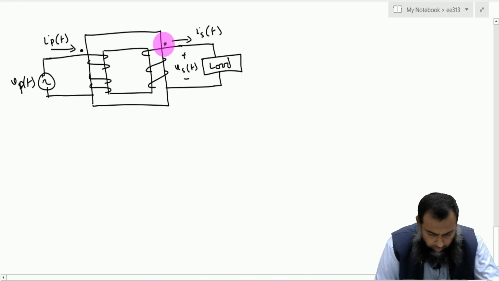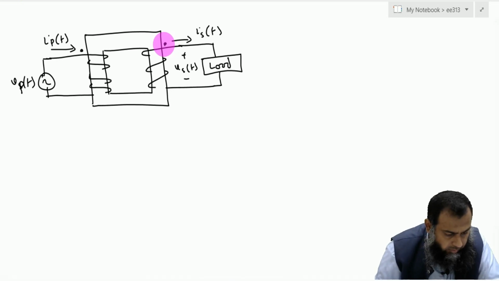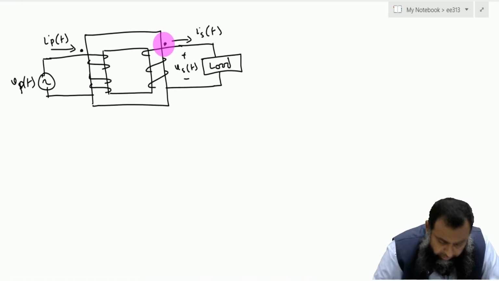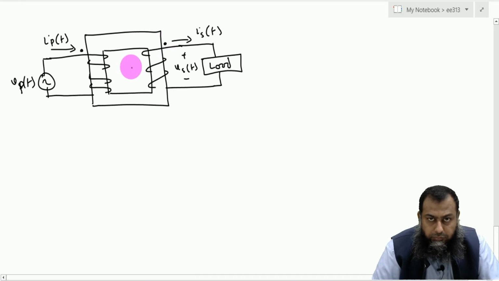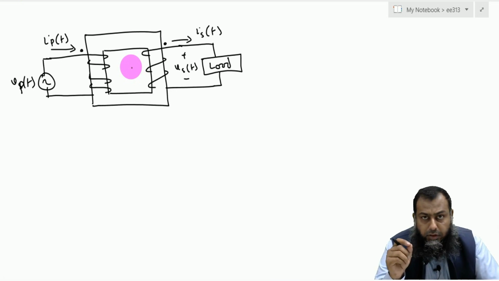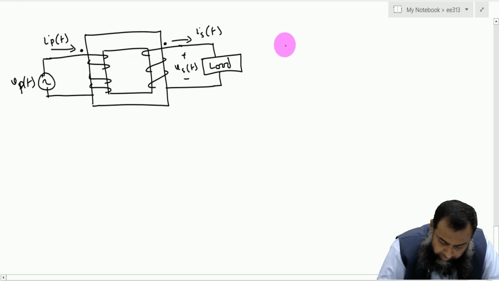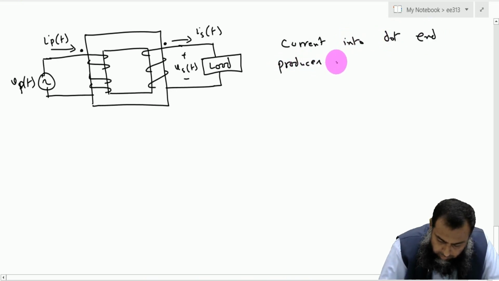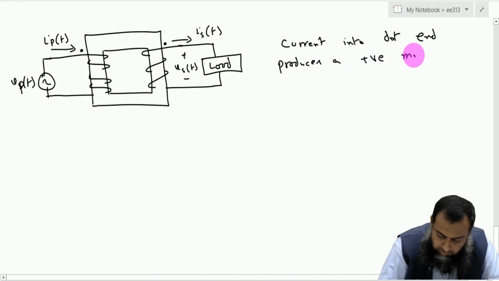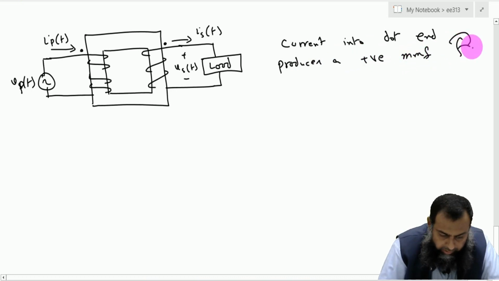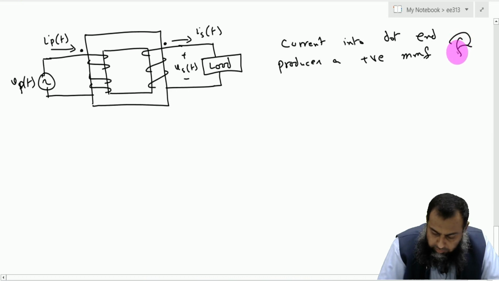So now you can see that for this particular transformer, the current entering the dot end will produce a positive magnetomotive force F, right? So the current into the dot end produces a positive magnetomotive force, which we can actually show something like this one, right?